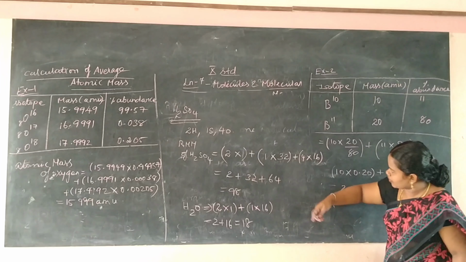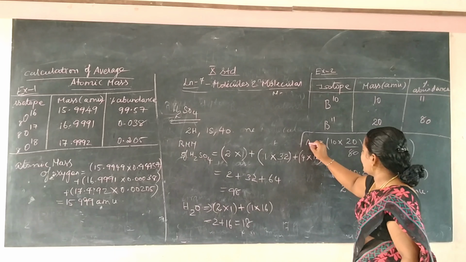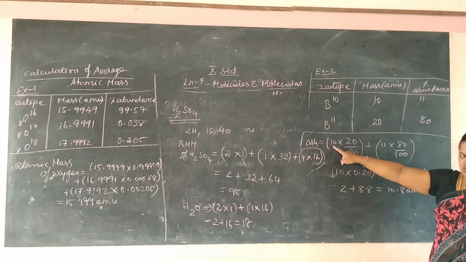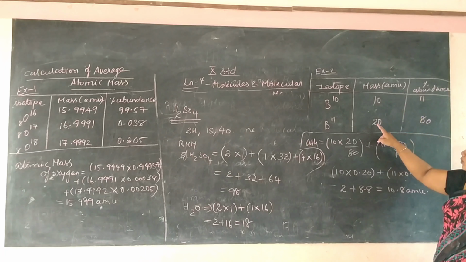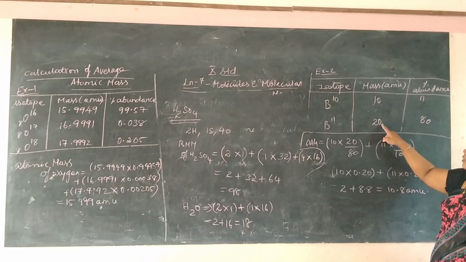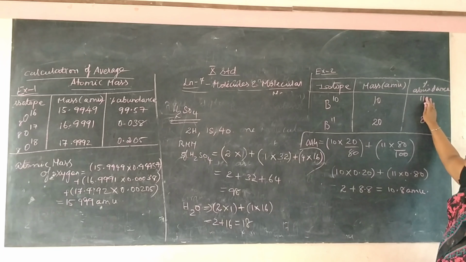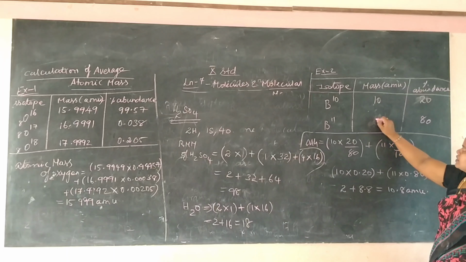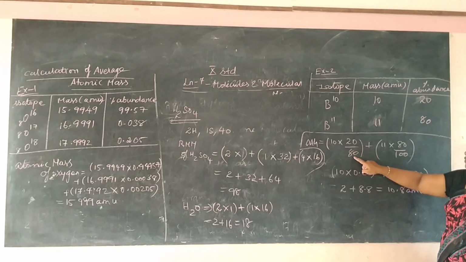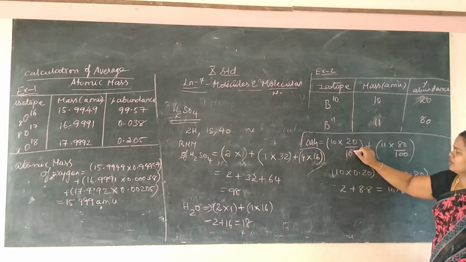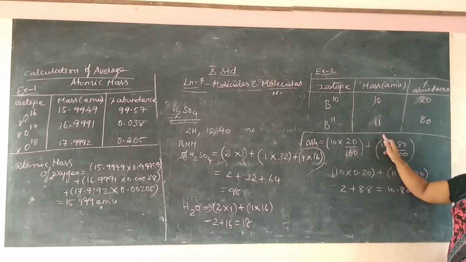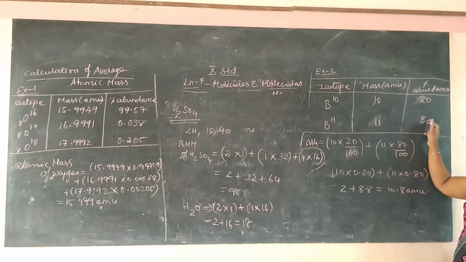So average atomic mass will be equal to what? Mass of first isotope 10 into percentage abundance 20, divided by 100, we have to convert it into fractional abundance. Then plus mass of the second isotope, 11, into percentage abundance 80, divided by 100.